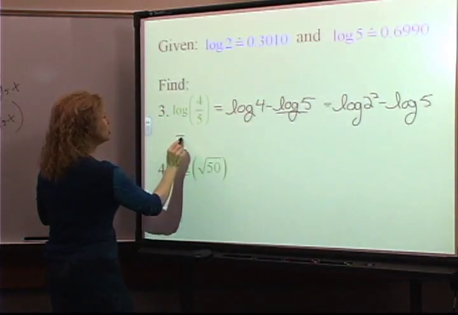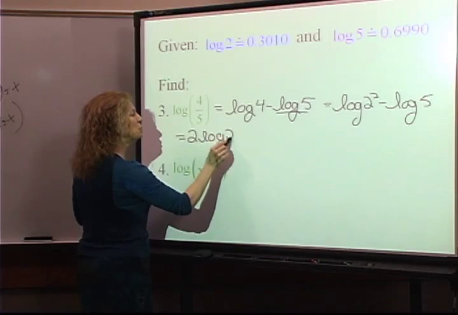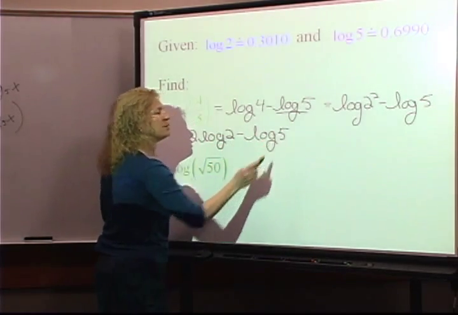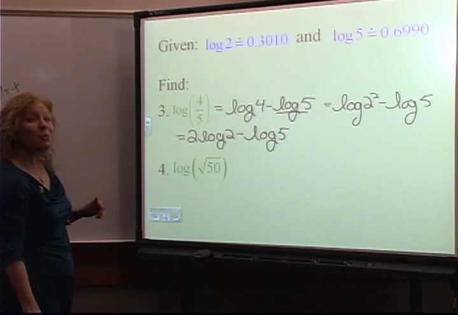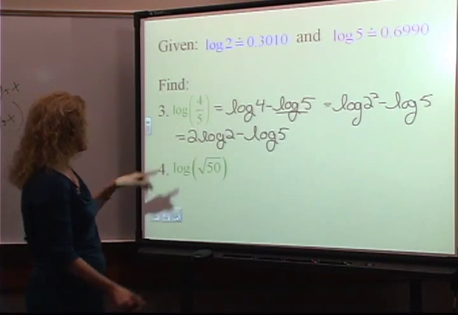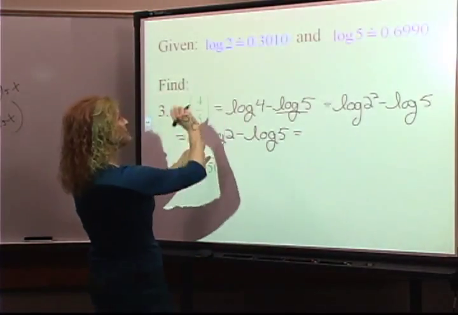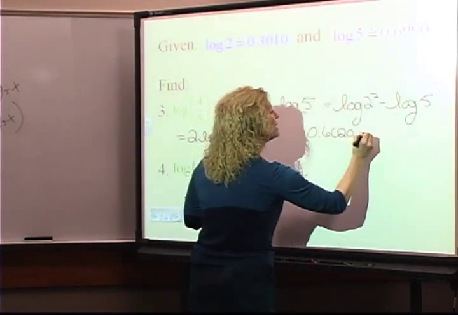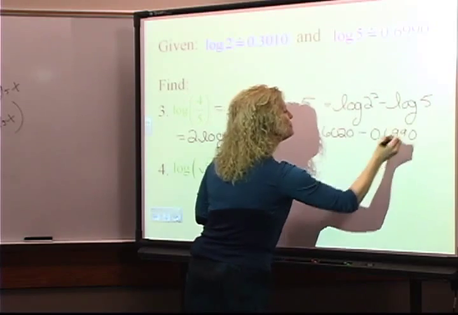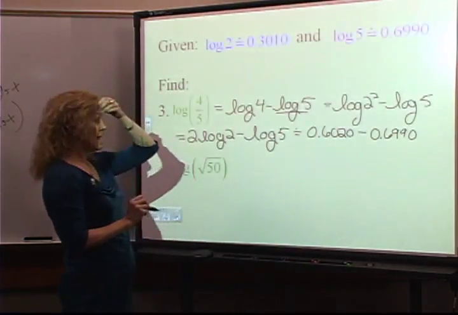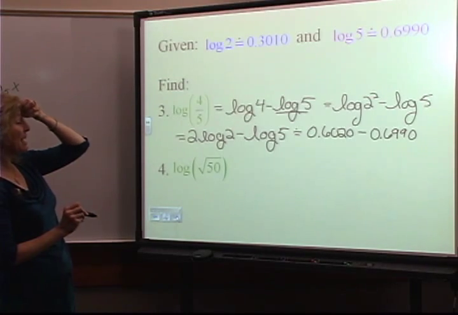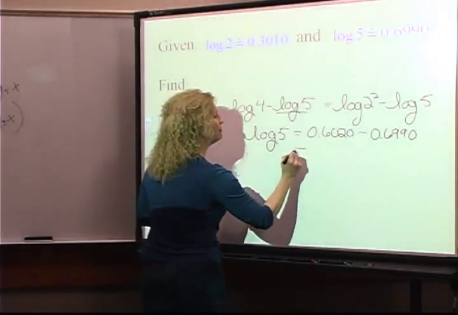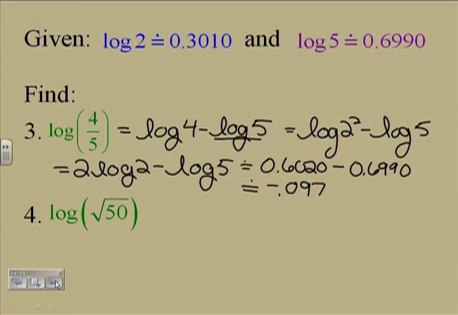So I've got 2 times log of 2 minus log of 5. This is how we had to do some of our computations at times. Well, let's see here. 2 times that guy would be 0.6020. Subtract 0.6990. This is an approximation now. And I believe you're going to come up with a negative 0.097. Okay, if I subtracted right. Okay?